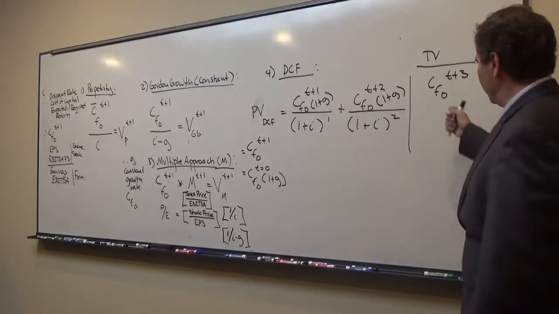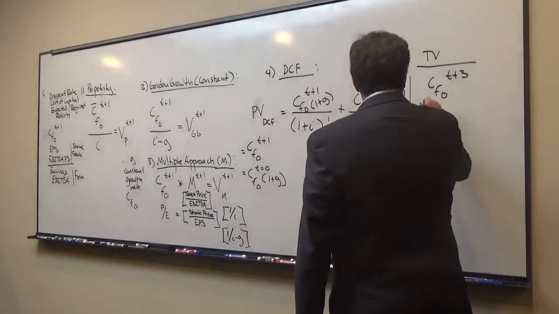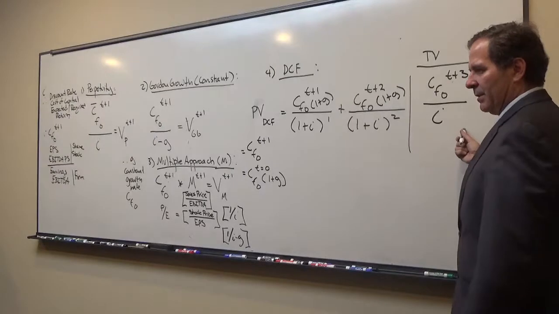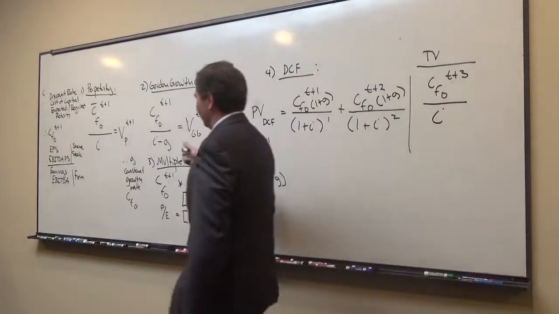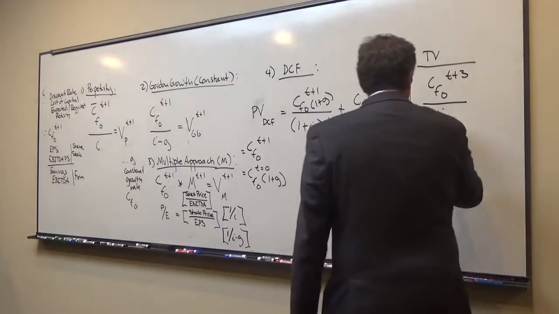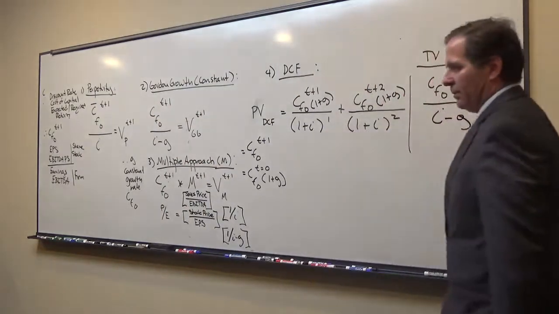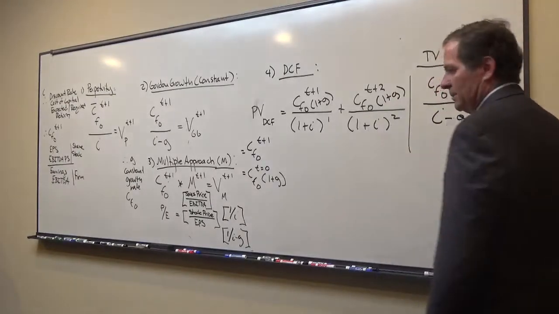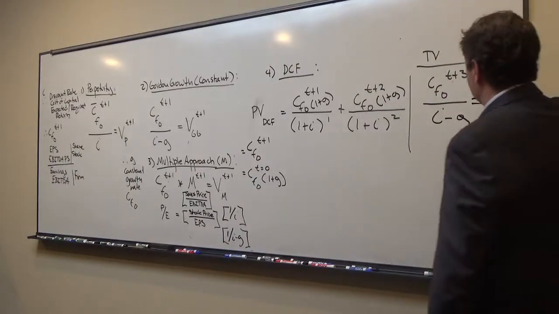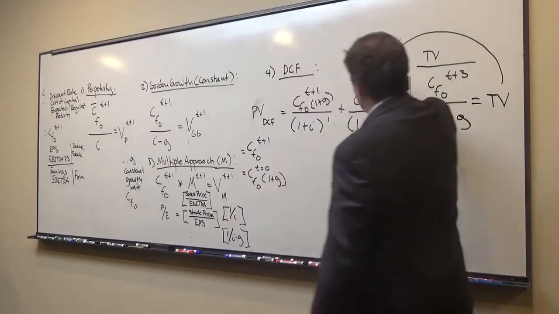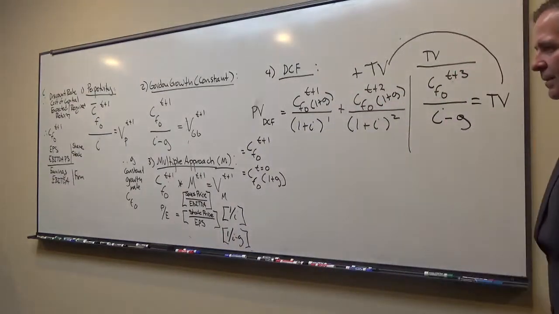And then I take the third year cash flow, and I'm either going to divide it by I, if I think the cash flows are going to remain flat forever, or if I think they're going to grow at a constant rate, I use the Gordon growth model. And then I calculate the terminal value. And then I take the terminal value and add it to the second year's cash flow.